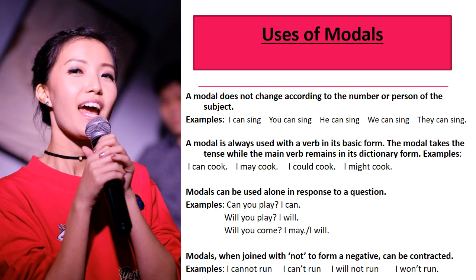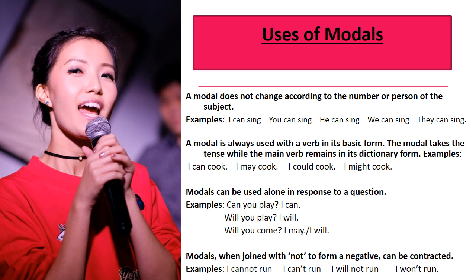Next point. A modal is always used with a verb in its basic form. Basic form means base form, that is first form of the verb. The modal takes the tense while the main verb remains in its dictionary form. Here are some examples.